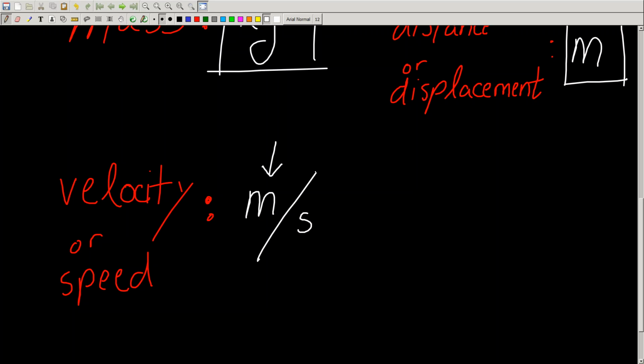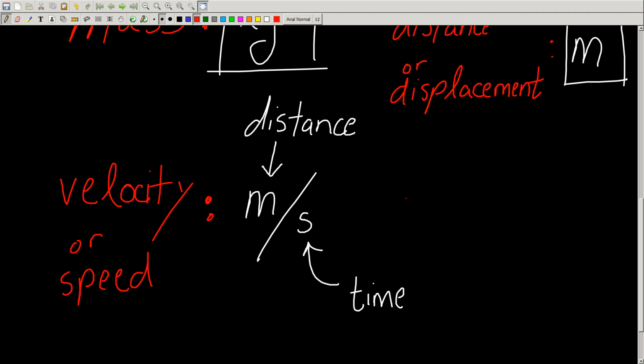This means you go a certain length, or distance, in a certain amount of time. We're going to see an equation in a later lesson that has to do with calculating speed or velocity, and it has to do with either distance or displacement over time. So we're going to see that cool equation.